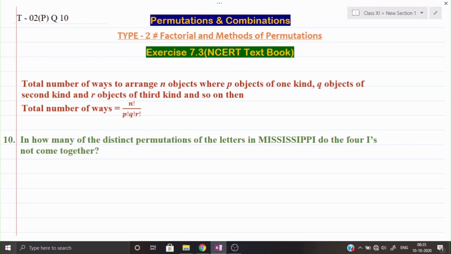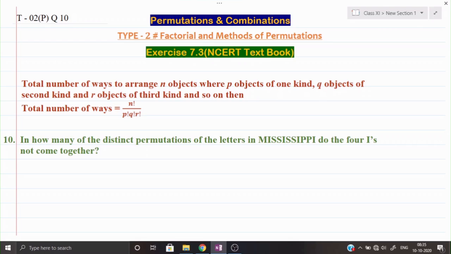Now see what they want to say. A word is given to us, and in the word some letters are repeating. In general, if I want to find out how many total words I can make with the help of the letters of the word Mississippi, then I will use this formula.